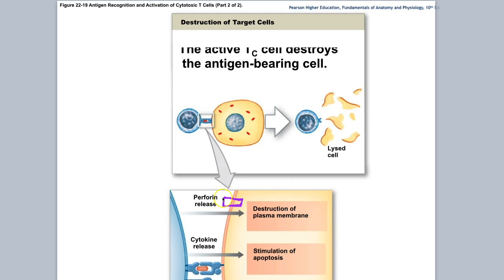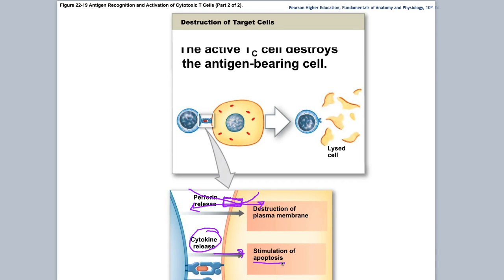And this is a giant pore that can allow the homeostasis of the cell to be completely disrupted, where all of the intracellular ions and components can leak out and all the extracellular ions can leak in. And so the cell can no longer maintain its homeostasis and it will die. The second thing the T cell can do is release a whole bunch of cytokines that stimulate this cell to undergo this process called apoptosis.